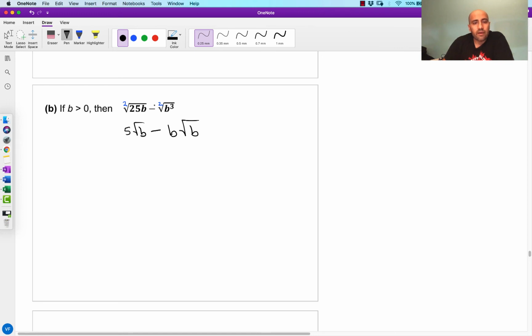Because 2 of them come out, and there's only 1 b stuck inside there. And now, again, they're of the same kind. 5 copies of this root b minus b copies of this root b. We can also factor it out, and so this is 5 minus b, and then root b will be our final answer. It's as good as it gets.